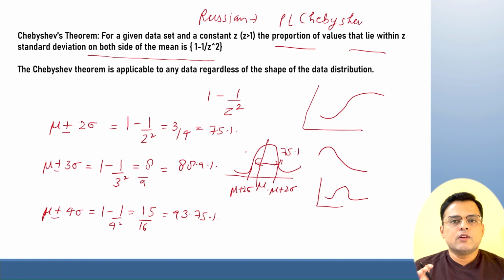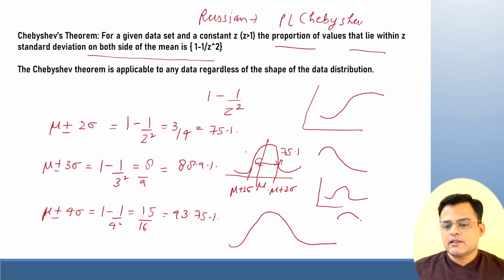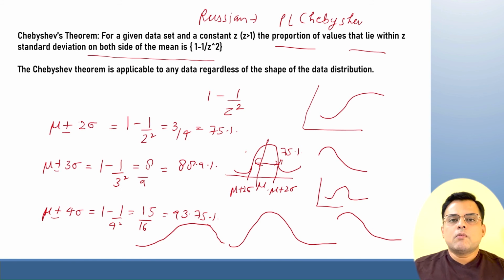Asymmetrical distribution means when your data is skewed, which we will be discussing in day 5 when we cover skewness. So when your data is not normally distributed, when your data is skewed towards the left side or right side, then this theorem is applicable. But the empirical rule is only applicable for symmetrical distributions.